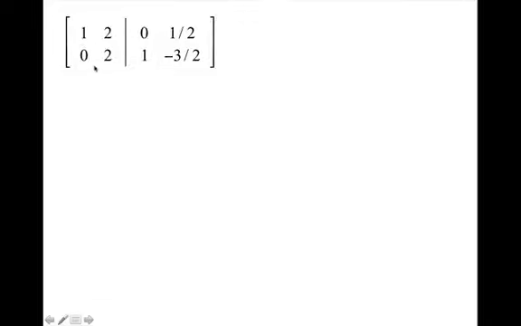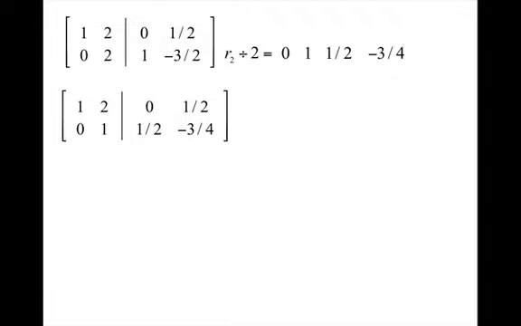Now that I've finished column 1, I move on to column 2. I want this first 2 to become a 1, so I'm going to divide row 2 by 2. When I divide by 2, I get 0, 1, 1/2, -3/4. So this becomes my new row 2, and keep row 1 the same.